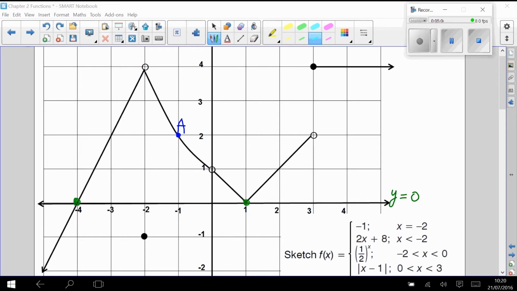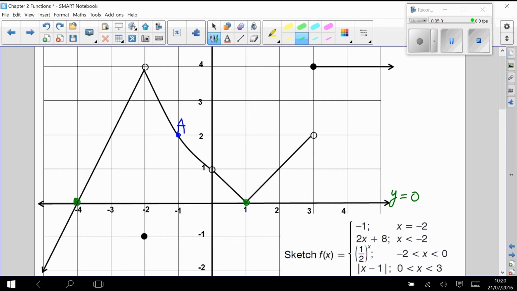In the next question, I'm asked to find f at 0. When x is 0, I have an open hole for y. In other words, it is undefined when x is 0. But what is my graph tending towards when x is 0? If I repeat the exercise that I did before, let's do it in green this time.